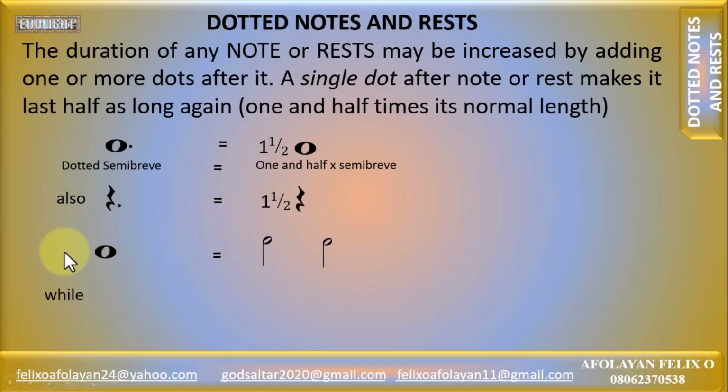So for you to understand very well, a semibreve is equal to 2 minims. But if it has a dotted note, then the dot makes the semibreve become 3 minims. I believe that one is clear.